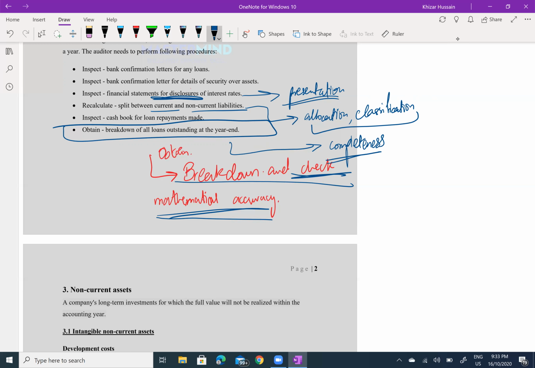The skill over here is to make sure that you can correlate your procedure with the assertion. Forming a procedure is very simple, it's not that difficult. The point is, what are you trying to achieve from it? All right, you guys get it?